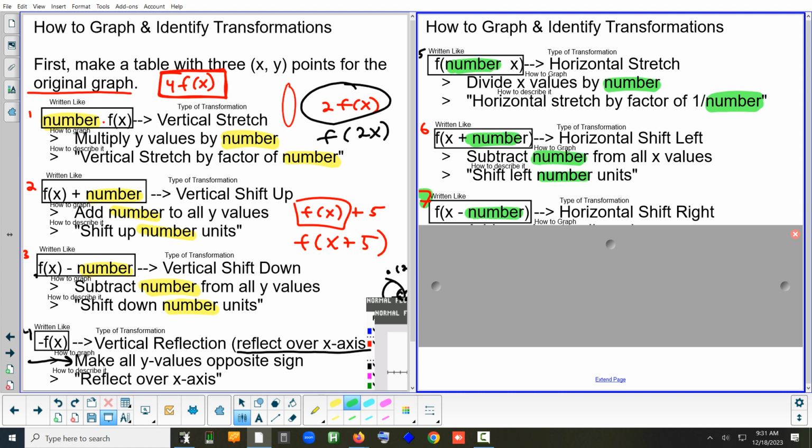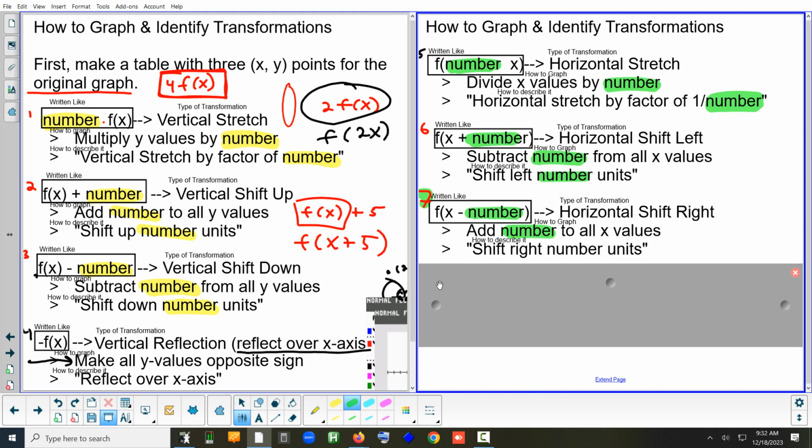Add a number to all the x values. So it's just the opposite of box 6. And if they ask how do you describe it, you basically just say you shift right, and then however many units you shifted right.